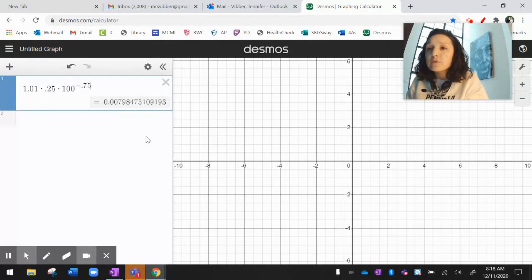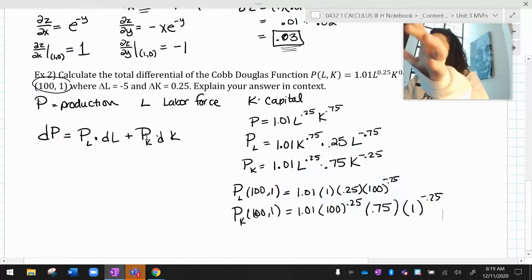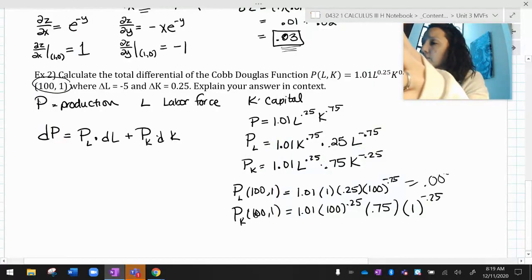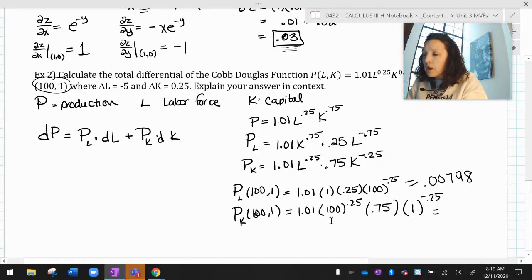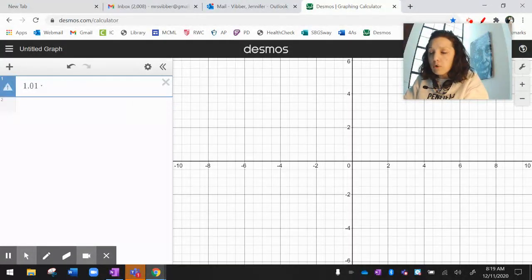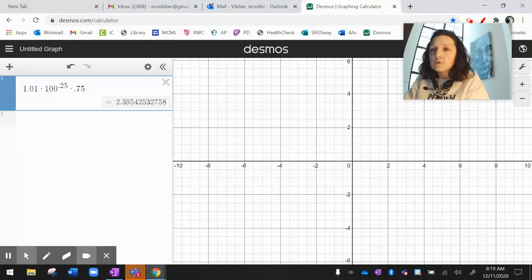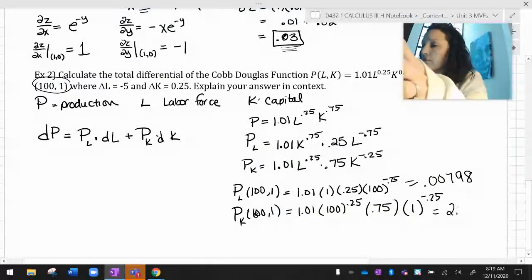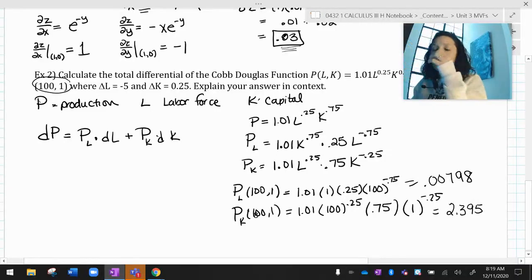And that's 0.00798. And then I have 1.01, 100 to the quarter times 3/4. That's 2.395. Okay. So there's my partials.